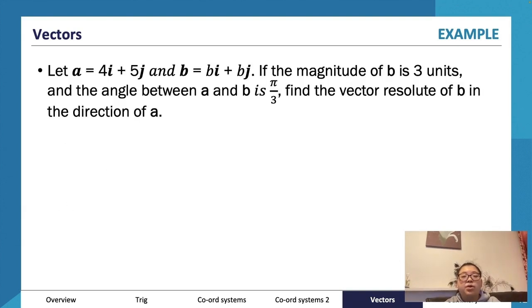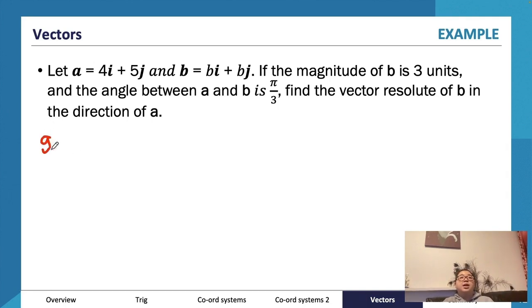Alright, so let's talk about doing a vector resolute now, and how we can find our vector resolute equations. They want us to find the vector resolute between A and B, and if the magnitude of B is 3 units and the angle between A and B is pi on 3, they want us to find the vector resolute of B in the direction of A. So we can talk about the different formulas that we can use here.